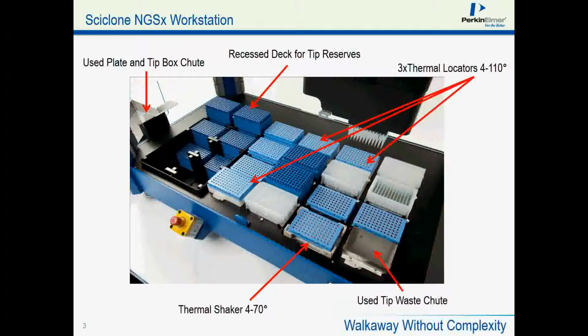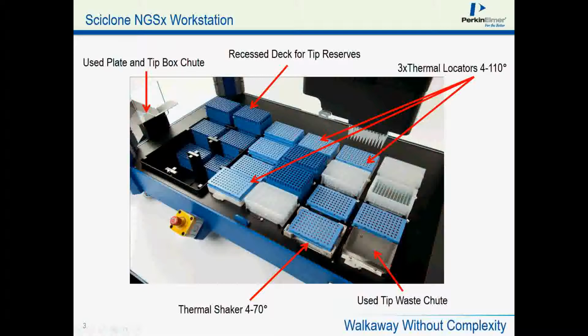This next slide shows an overview of the deck with, for example, a library prep that may be set up. On the left-hand side, you can see, in a cascading design just for the image, that you can put three stacked tip boxes. On the bottom, where my mouse is, it's empty right now, and then this one shows a single box, a double stacked, and a triple stacked box.